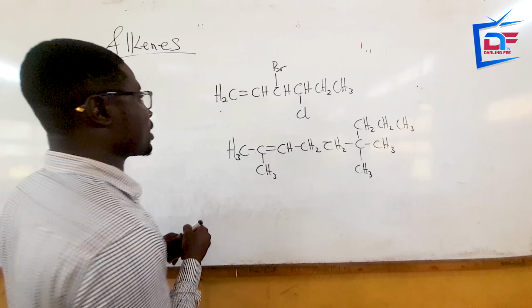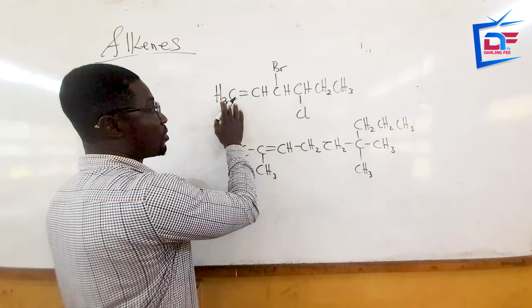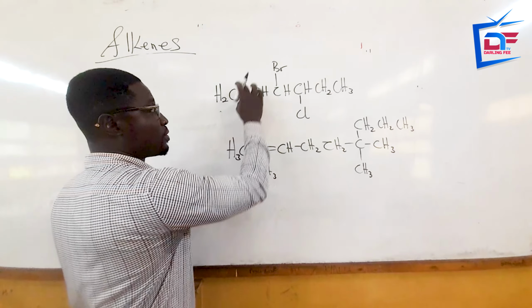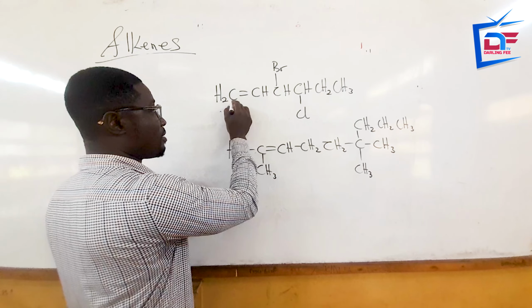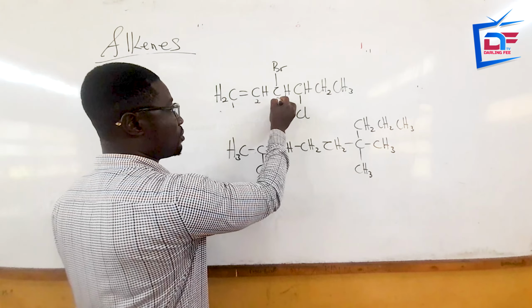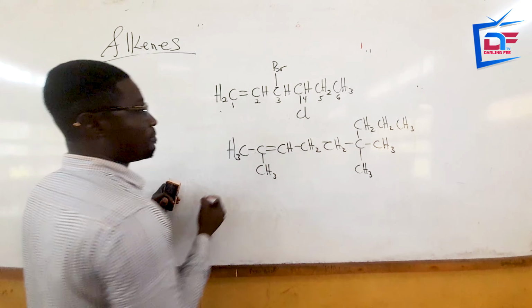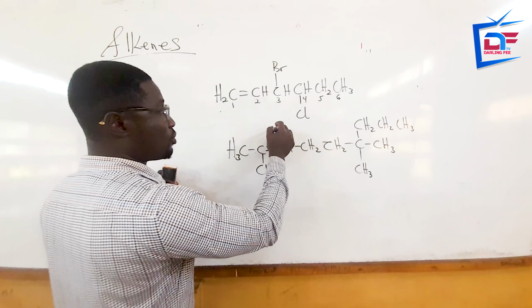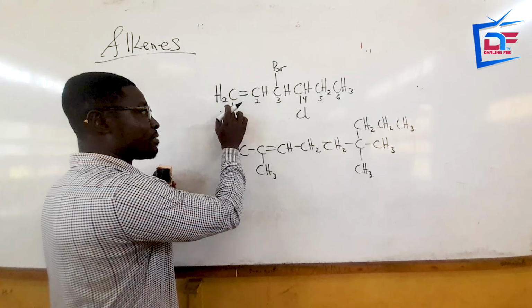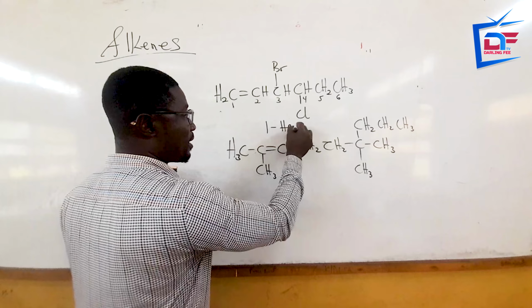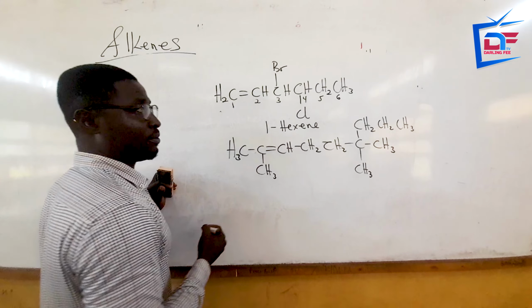We are moving to the next one. Now looking at this, we cannot start the counting from here because of the position of the double bond. So that is going to give us 1, 2, 3, 4, 5, 6. Meaning that the parent name is going to be a hexene, but the double bond is on the first carbon. So that is 1-hexene.